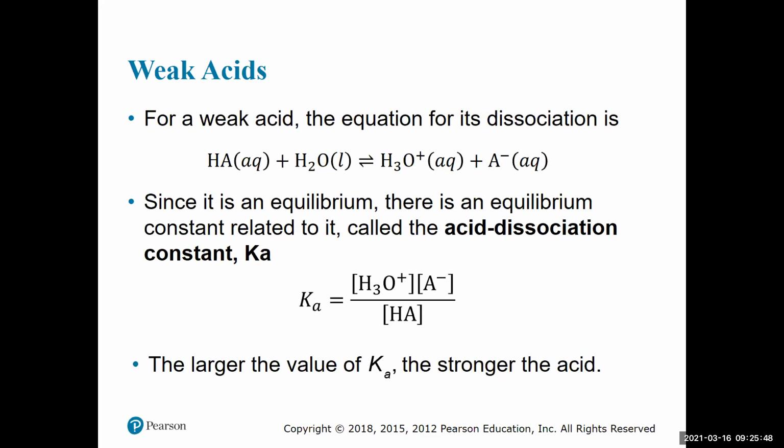And so when we write that equilibrium expression, and this is the same expression that we've been writing all along, right? It's products over reactants. But in terms of acids, we call it the acid dissociation constant, Ka. So in chemistry, the term pKa is used all the time when people talk about compounds.